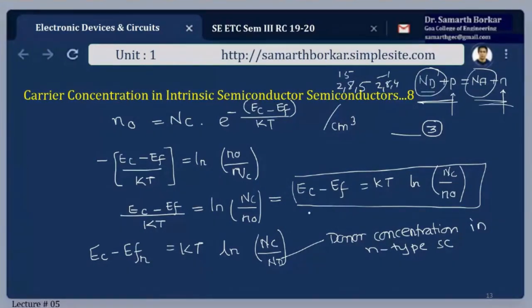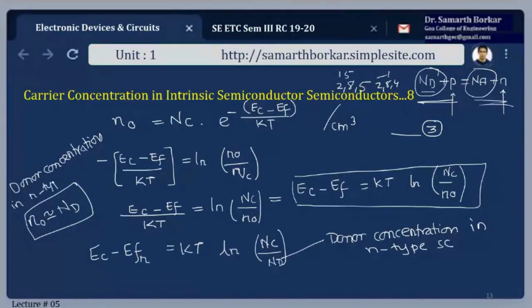I write n0 equals capital ND. This is the donor concentration in an n-type semiconductor. So this is the all-important equation.